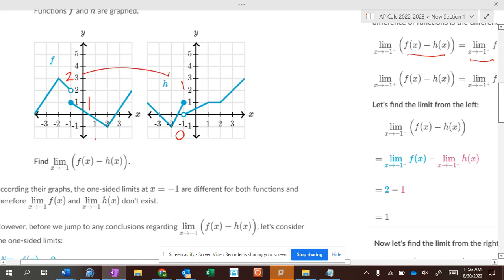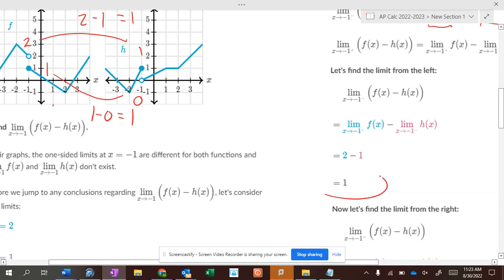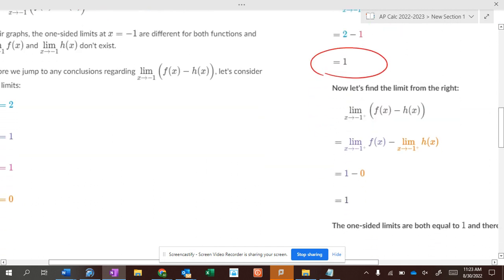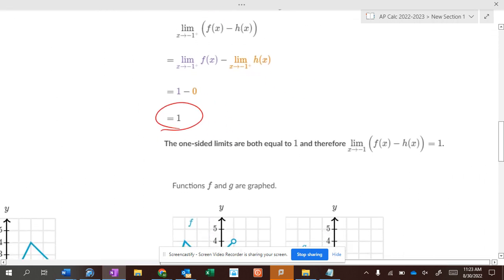What is 2 minus 1? 1. And then from the right, what is 1 minus 0? 1. Both of their limits are 1, so since they're both equal to 1, the limit is 1.